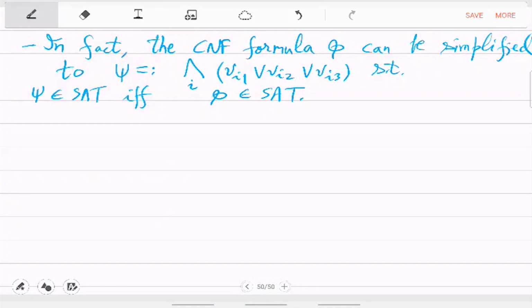So, in general, a CNF phi you can always convert to a CNF psi which has only 3 literals in each clause. This is called a 3 CNF. So, what is the proof of this claim?